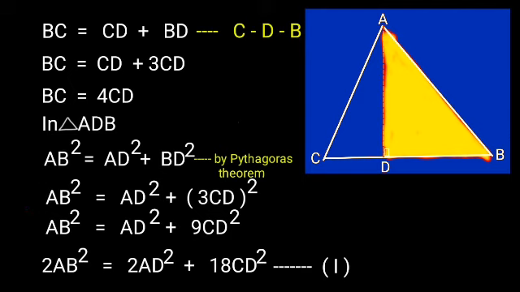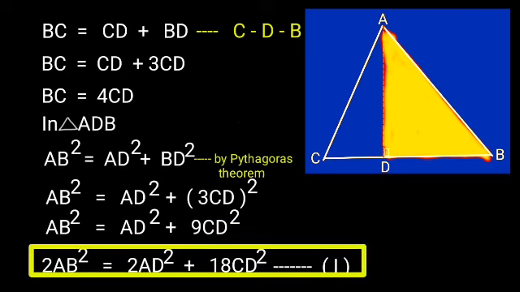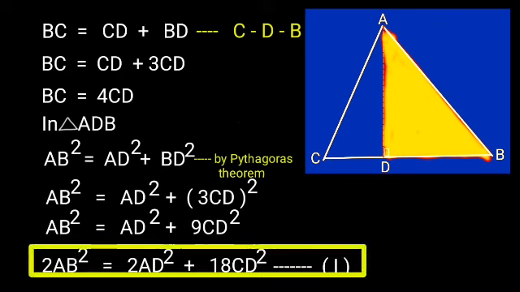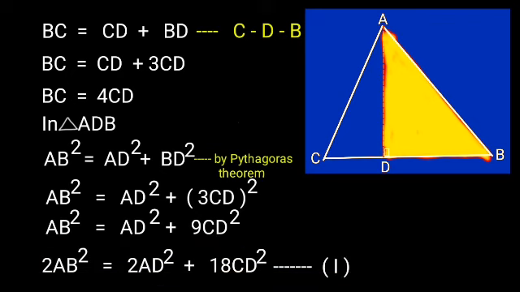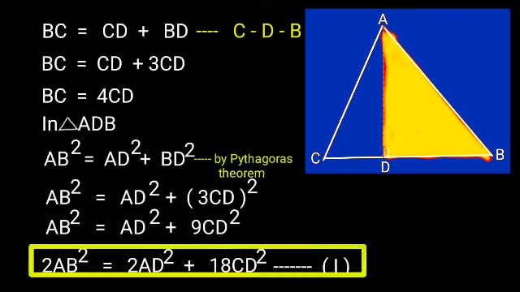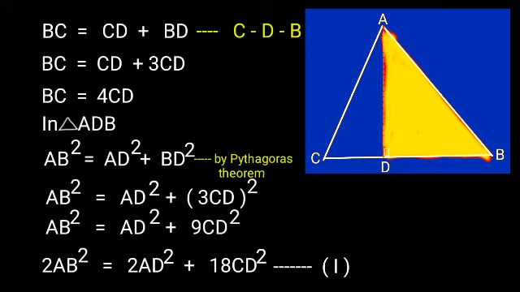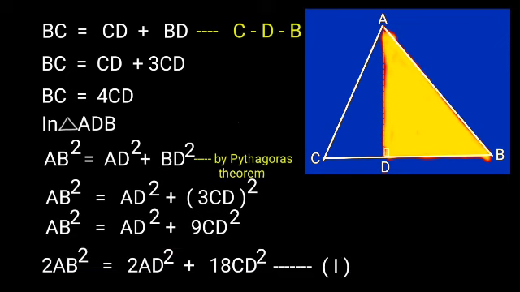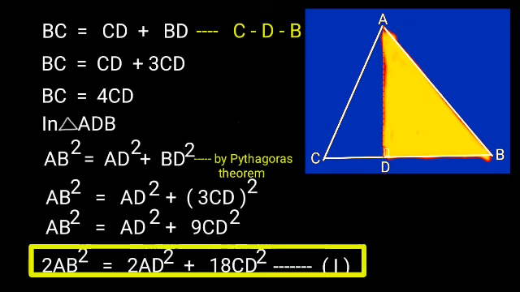And next step, AB square is equal to AD square plus 9CD square. Last step, twice AB square, multiply by 2 to both sides. Hence 2AB square is equal to 2AD square plus 18CD square. This is our first equation.